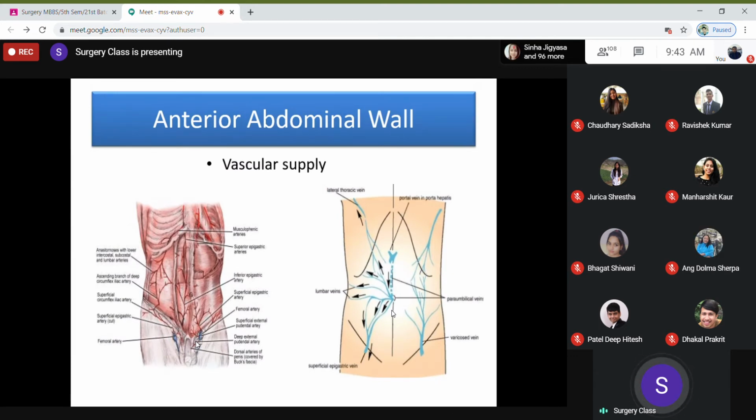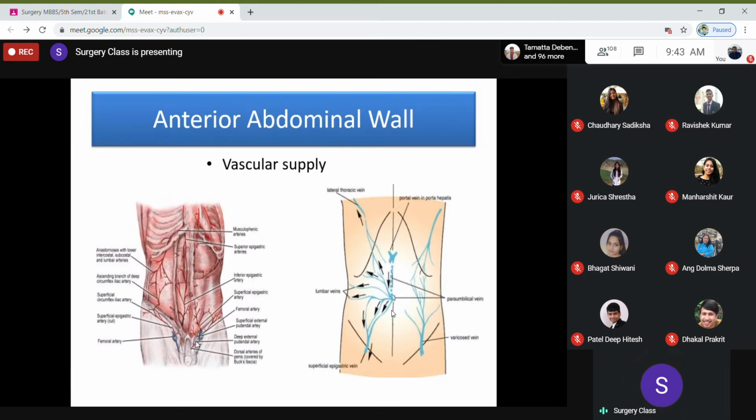The umbilicus is the point: above the umbilicus, everything drains to the axillary vessels and lymphatics, and below the umbilicus they all drain into the inguinal vessels and inguinal lymphatics. So this is the watershed area. Above the umbilicus they drain superiorly, and below the umbilicus they drain inferiorly.